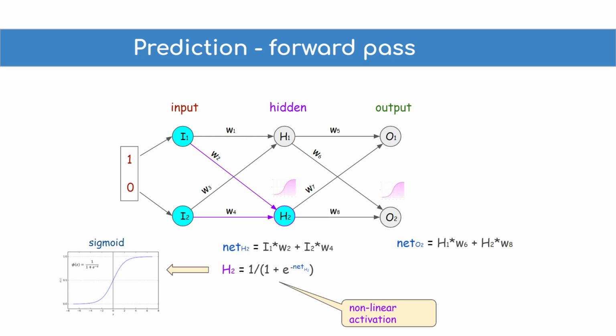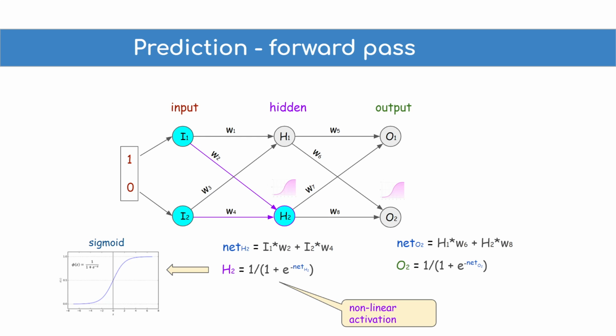The net value is calculated in the same way. We are just taking the input edges and multiplying weights by input values of connected neurons, in this case H1 and H2 multiplied by W6 and W8 respectively.